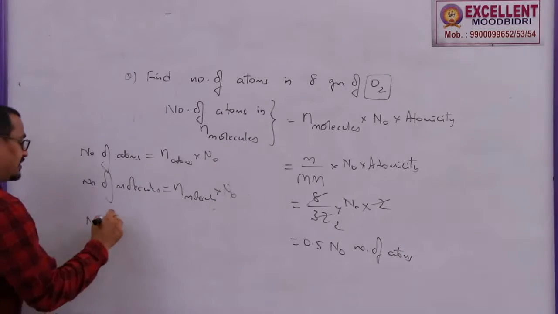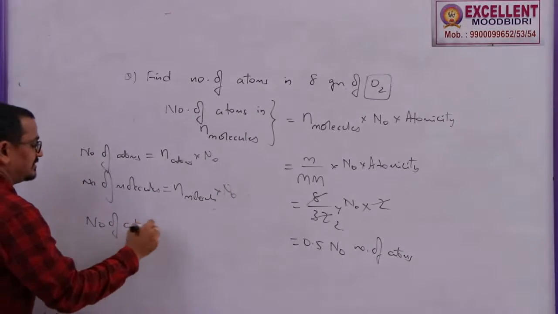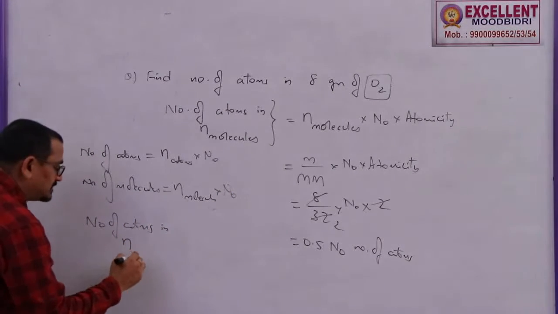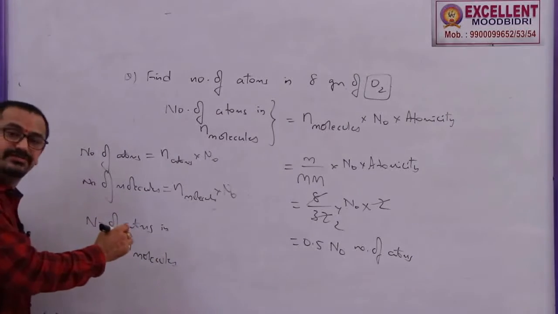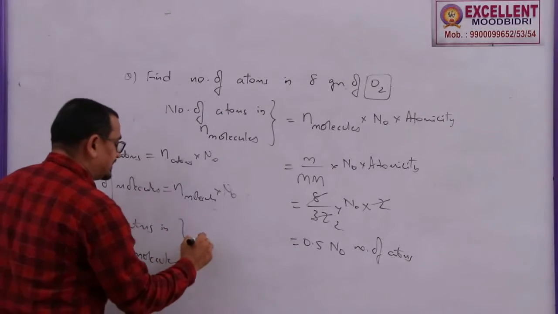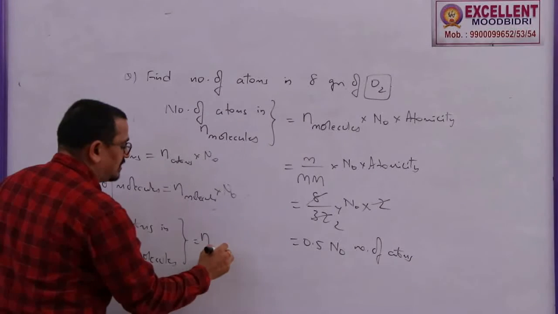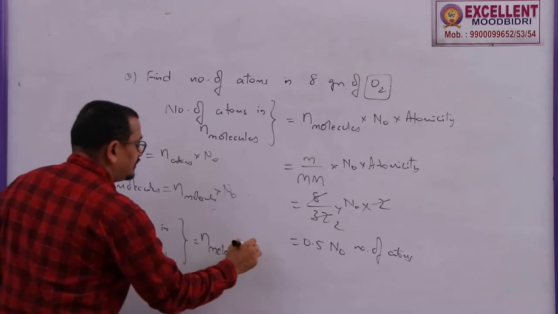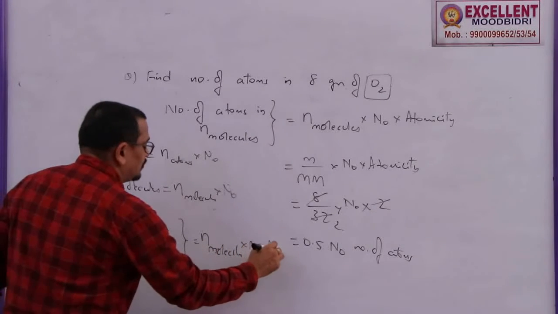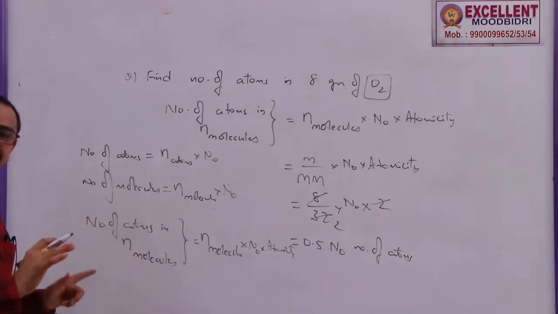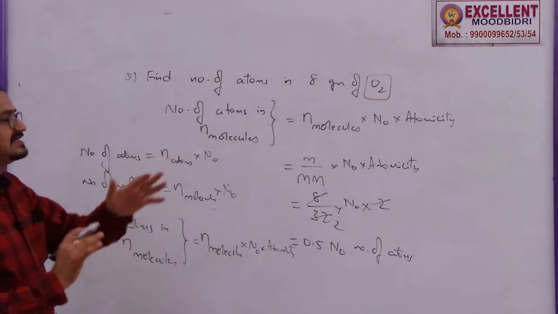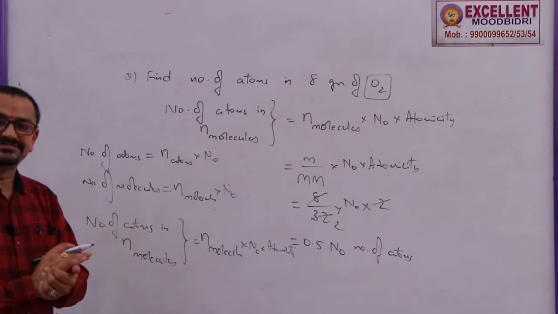But if they give molecules and ask us to find number of atoms, this can be calculated as number of moles of molecules into Avogadro number into atomicity. So these are the relations we have to use while solving different numericals.